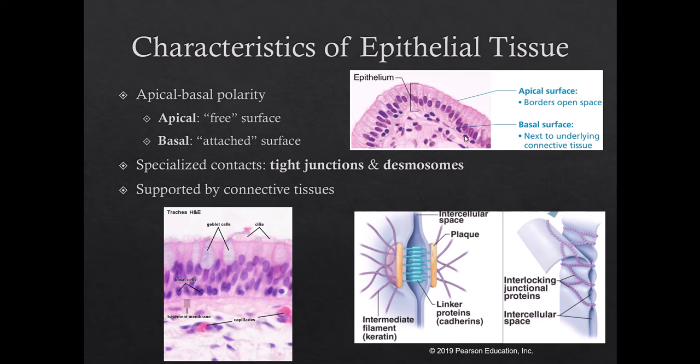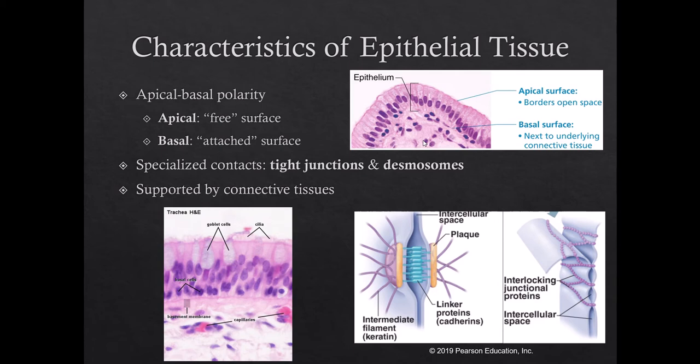So it's next to those underlying connective tissues. So this is our epithelial tissue just right here. So here is the apical surface, and then here is the basal surface. This here is not then epithelial tissue.